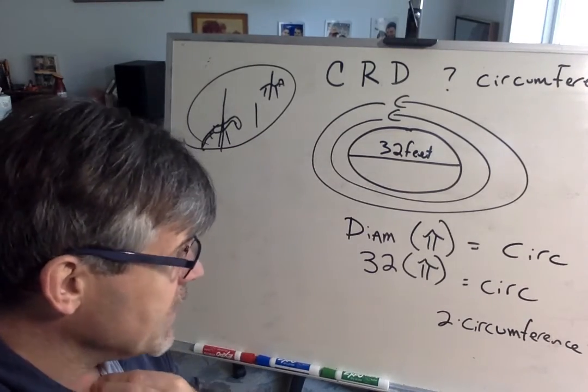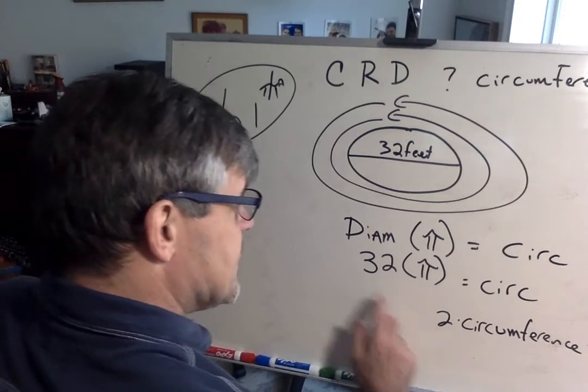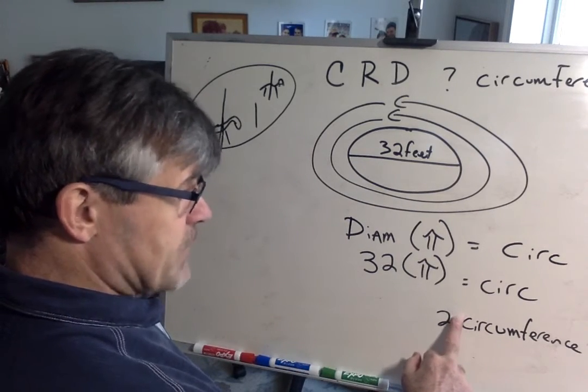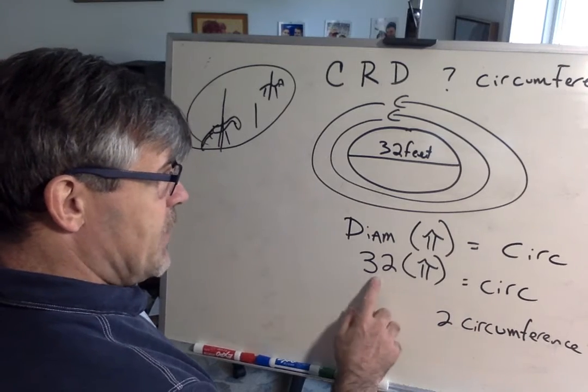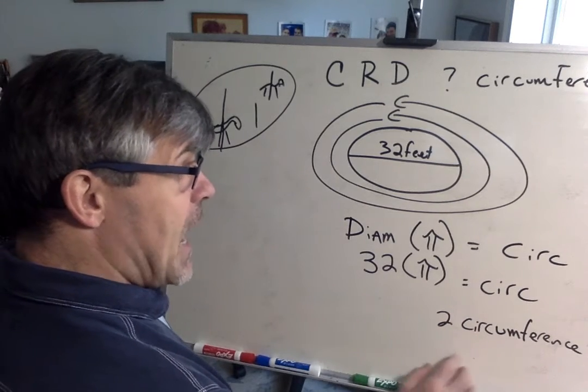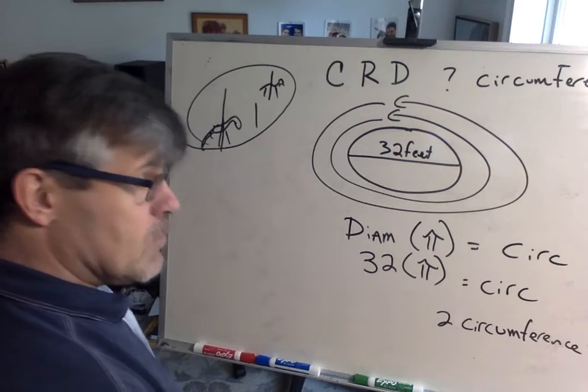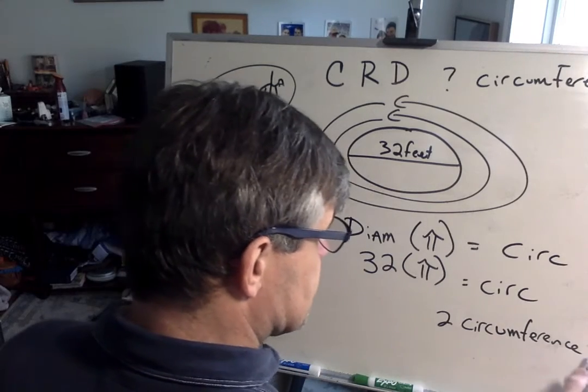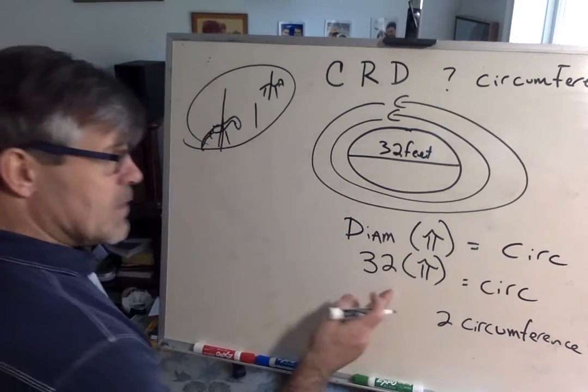So what you're doing is you're saying 2 times this equals 1 circumference, which would be this times pi times 2, because I'm looking basically for 2 circumferences, right? So you can do that.